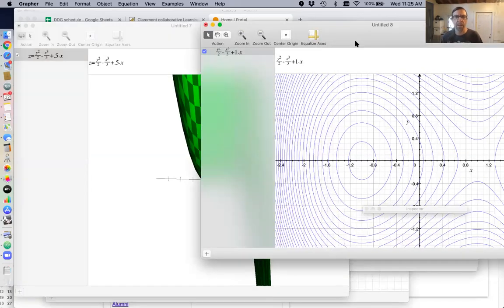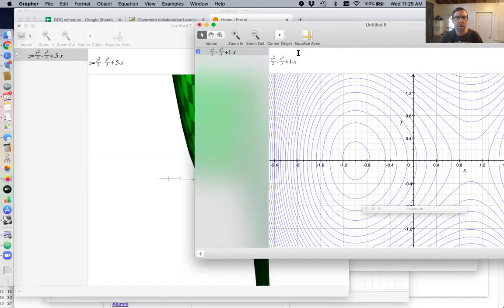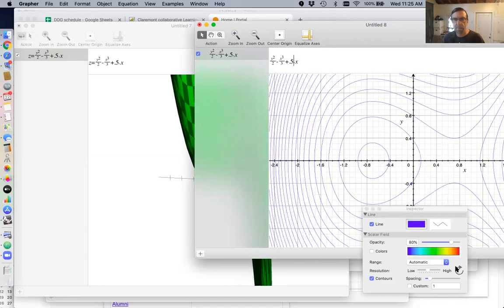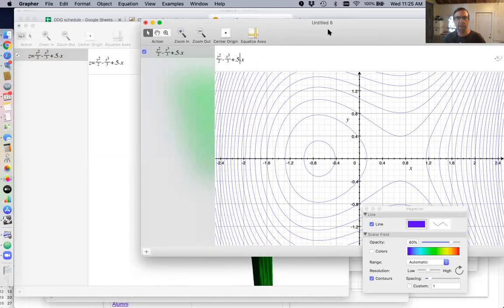In the 2-dimensional picture here, let's again do 0.5. The colorings go off again. There we go, and let's stick with this picture.